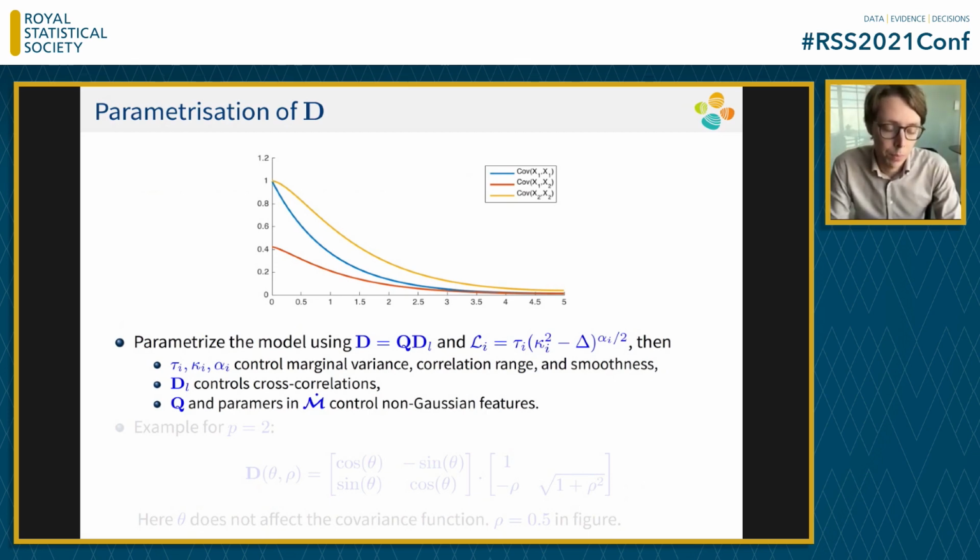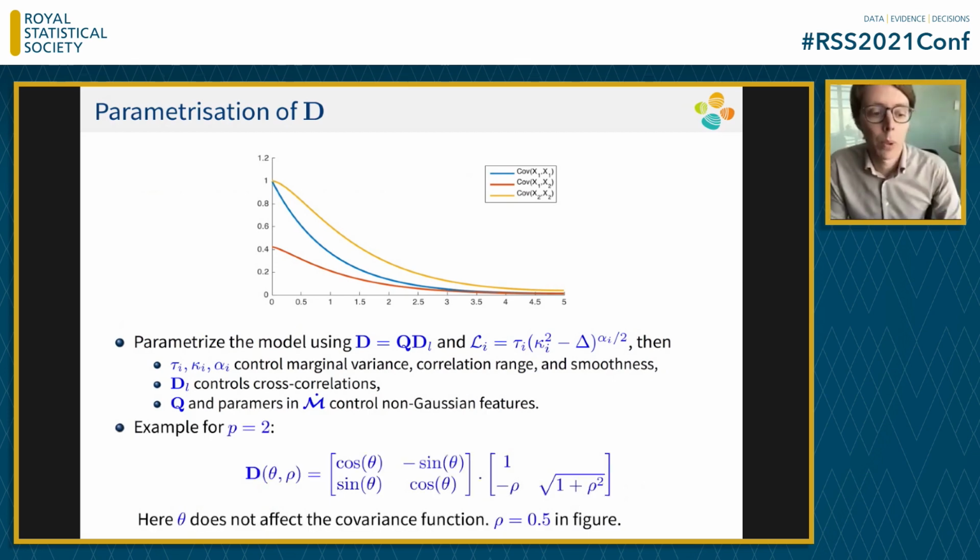As a specific example, we can look at a bivariate model, so p is equal to 2, and then we can use this parameterization of this 2x2 matrix D. It is written as an orthogonal matrix, which is nothing else than a rotation matrix in 2D, times a lower triangular matrix.